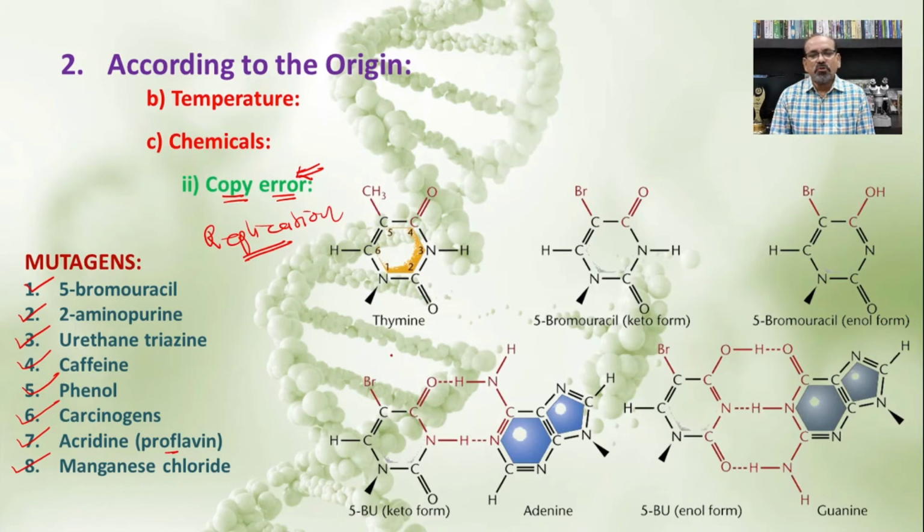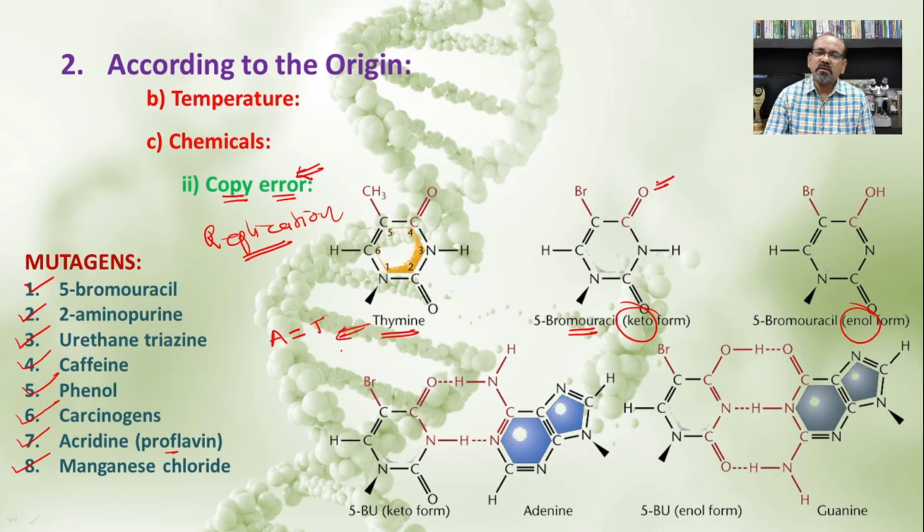replication. So for example, if there is a thymine, as the thymine gets paired with the adenine by 2 hydrogen bonds, but instead of the thymine during DNA replication there is a utilization of 5-bromouracil, and the 5-bromouracil is found in two different forms, that is the keto form and the enol form.